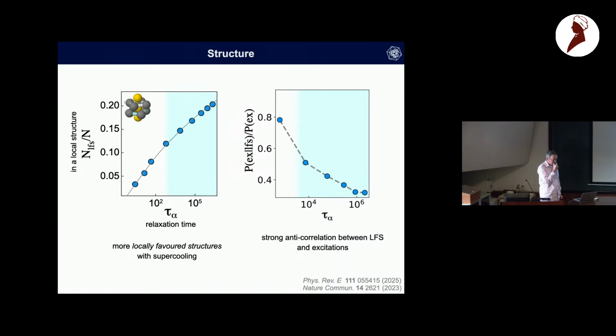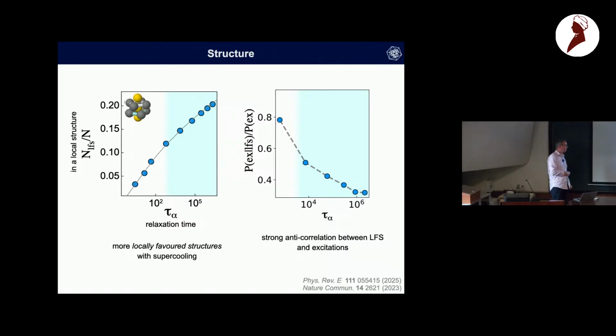If you believe in structure determining dynamics, stable structures will determine more and more a slowdown. What I've removed from this plot is the CRRs, and actually the CRRs are much flatter. So the excitations actually have a much stronger coupling or anti-correlation with structure than the CRRs do.